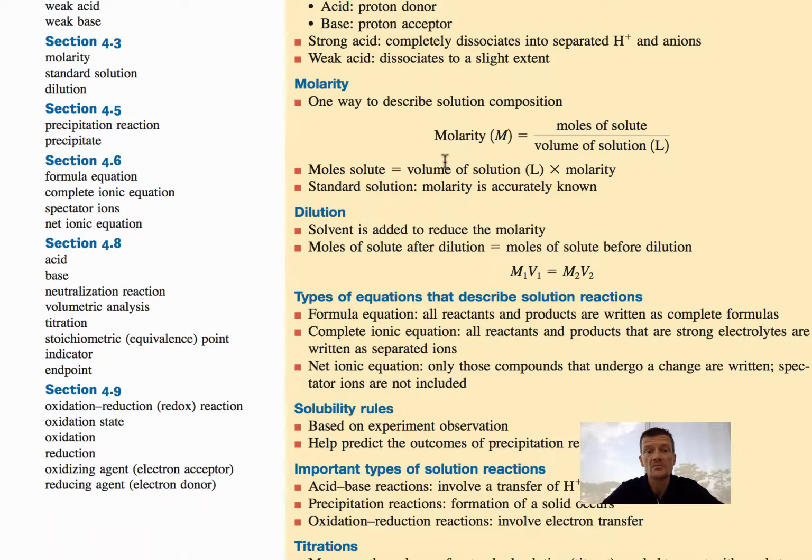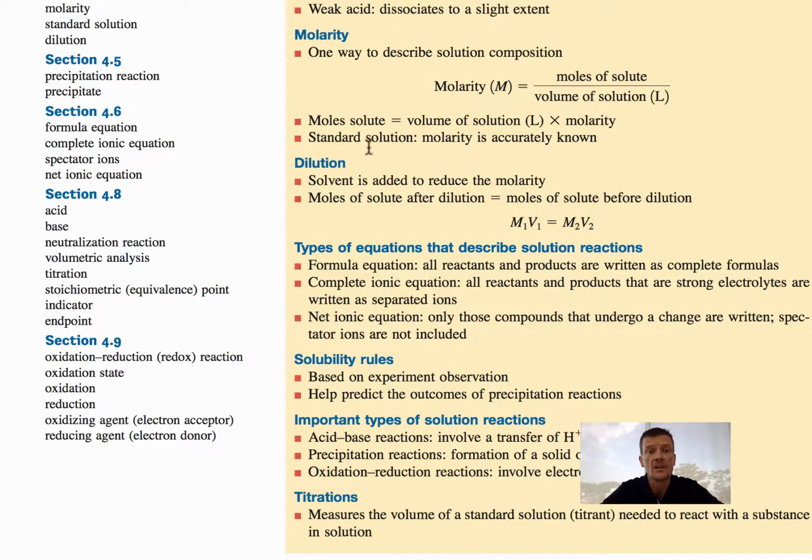Certainly when we talk about solutions, we have to talk about concentration, and so one of the measurements of concentration is molarity. You'll be learning about that. You can dilute a solution. What that means is you take an existing solution where you've already dissolved a certain amount of solid in it, have a certain concentration, and then you just add water. And by adding water, you dilute that solution. You don't change the number of particles that are in that solution.